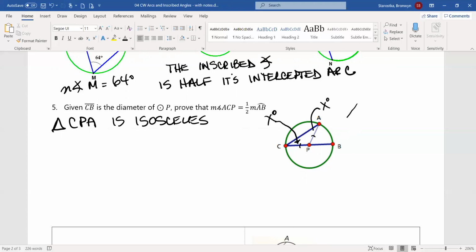I keep giving you these problems in the warm-up. Remember the external angle theorem, where it says, when are we ever going to use it? We're going to use it now.